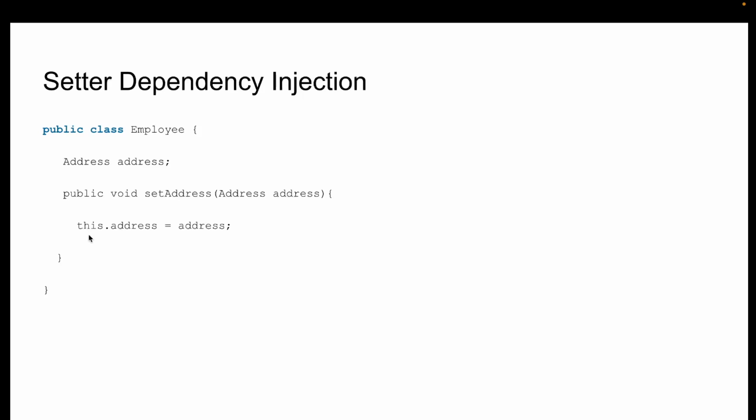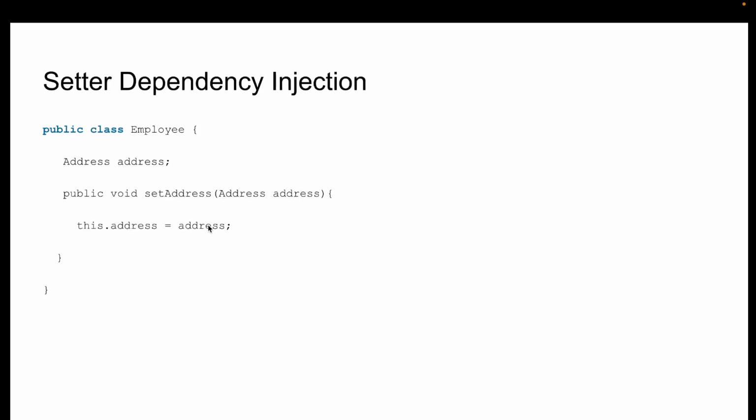This.address refers to the address declared at the top, that is your instance variable, and it is equal to the address on your right hand side, which is the parameter coming into the method. In setAddress, we have an address parameter, right?